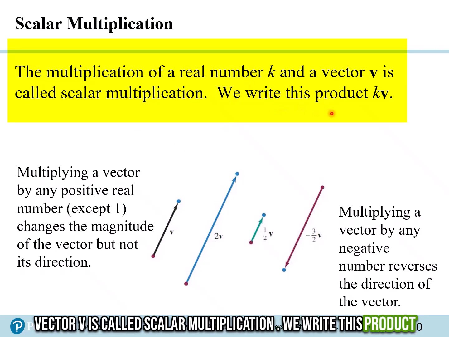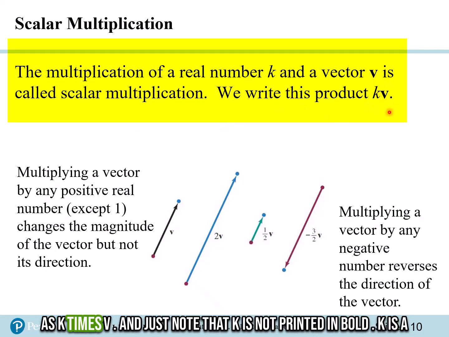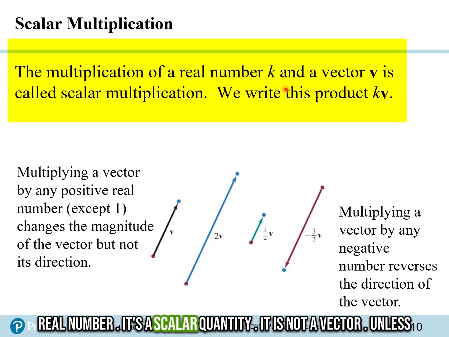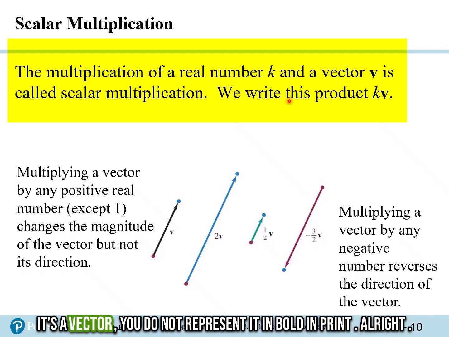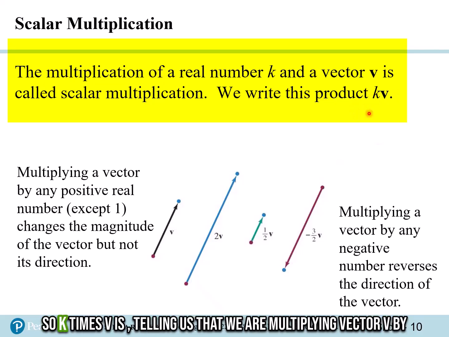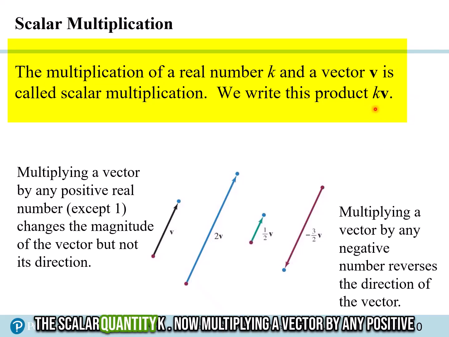We write this product as k times v. And just note that k is not printed in bold. K is a real number, it's a scalar quantity, it is not a vector. Unless it's a vector, you do not represent it in bold in print. All right? So k times v is telling us that we are multiplying vector v by the scalar quantity k.